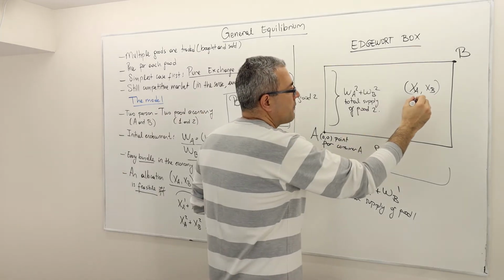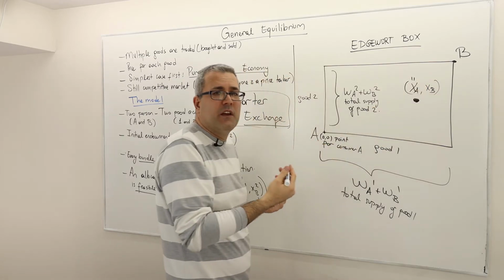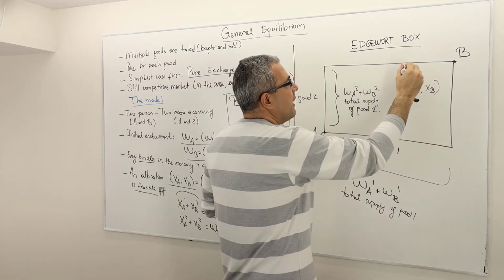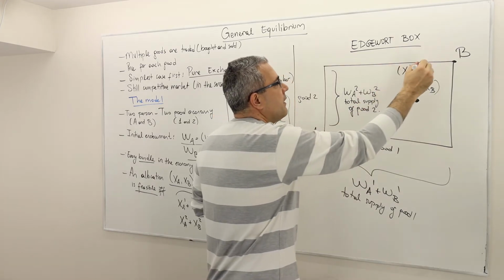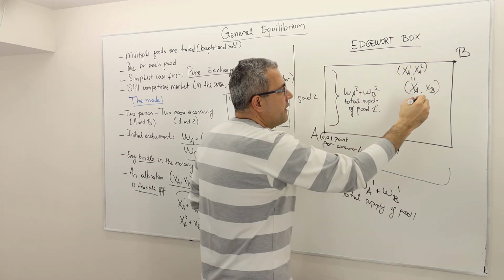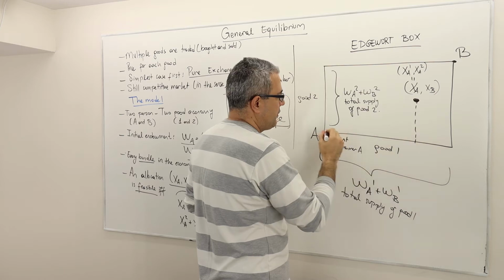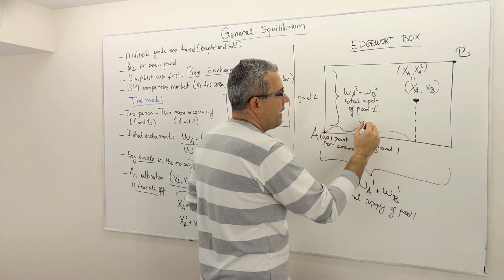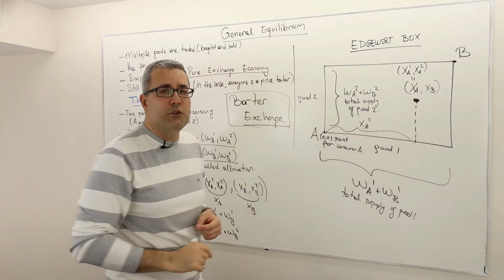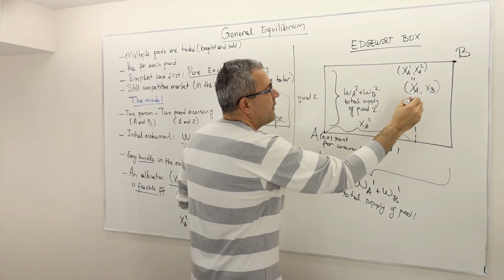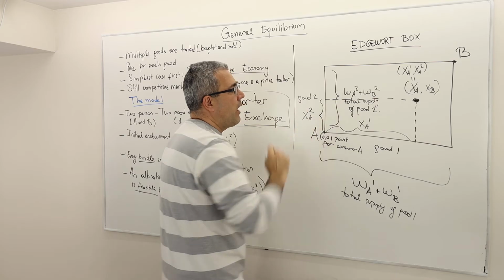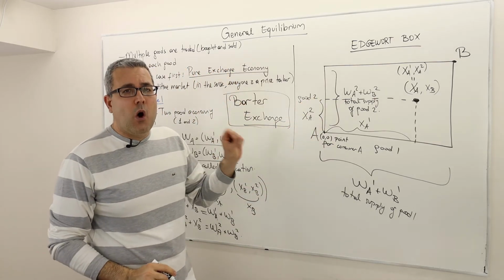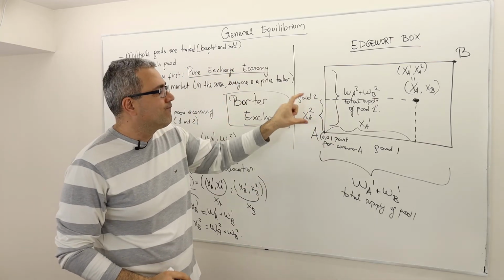Remember XA itself is a vector, XA1, XA2. Same for XB. So this is how much agent A is going to consume in good 1, and this is XA2, how much good 2 agent A is going to consume.